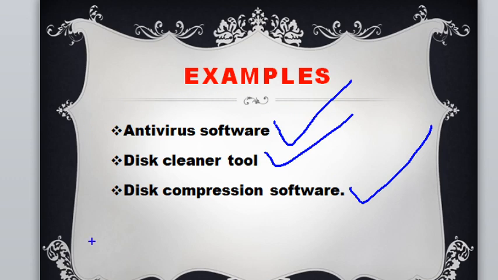If we use all these system utilities, then only our computer will run in good condition, and the performance of our computer will be good. But whatever we are discussing here will not come along with the operating system, so we have to install these system utilities externally.